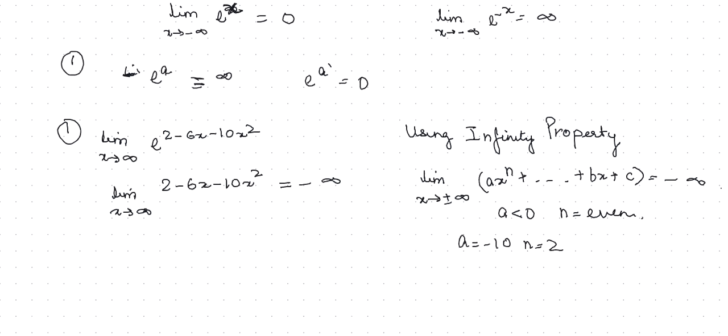So this goes to negative infinity. It means if the exponent goes to negative infinity, then the exponential will go to 0 in the limit. So limit x tends to infinity of e^(2 - 6x - 10x^2) will be equal to 0.